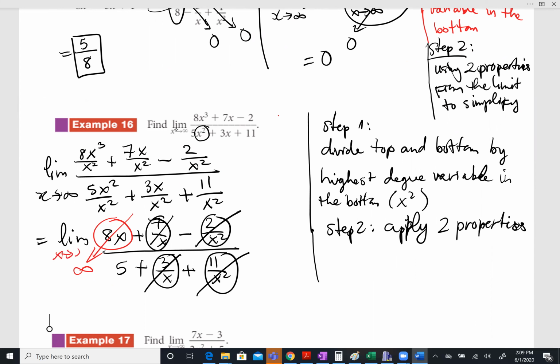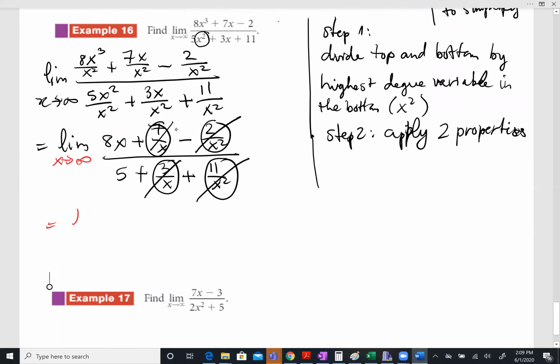And now I'm going to have one more step. So I will have equal to the limit as x goes to infinity of 8x over 5, and this will go to infinity. So it is equal to infinity, or does not exist.